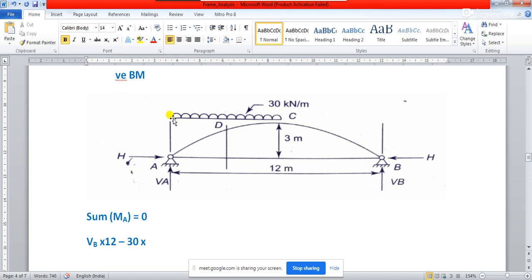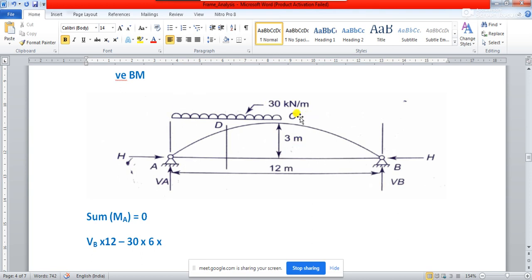how much will be the distance? This distance is half of the span of the arch, so the total span of the arch is 12 meter, and half of the span is 6 meter. In the case of UDL, how do you calculate the moment?